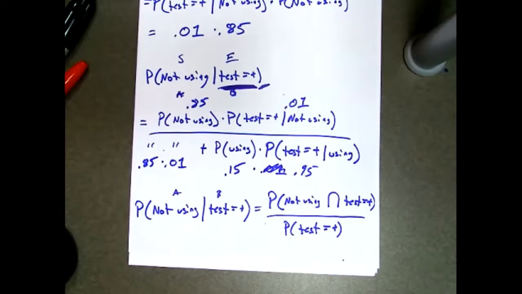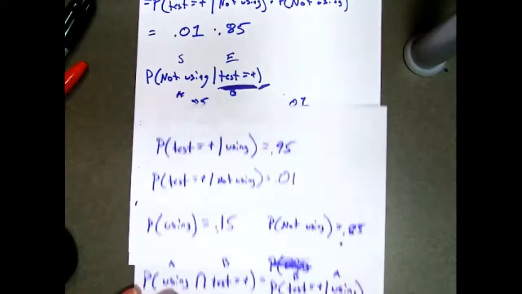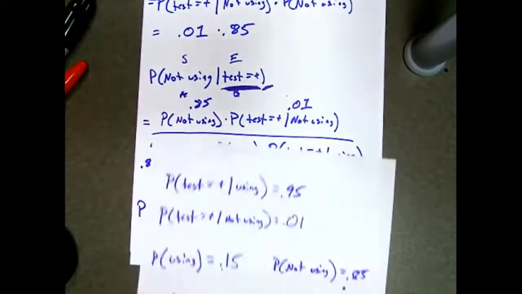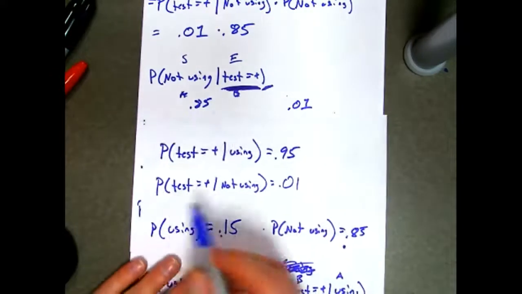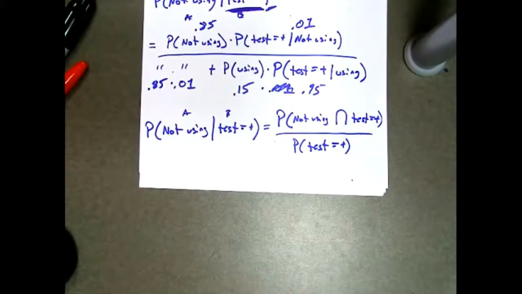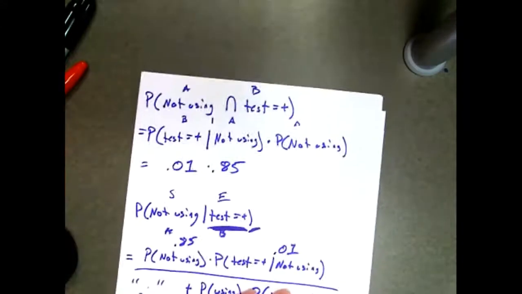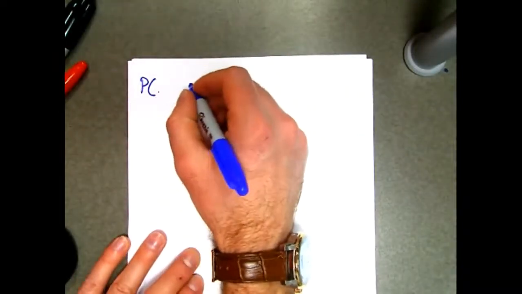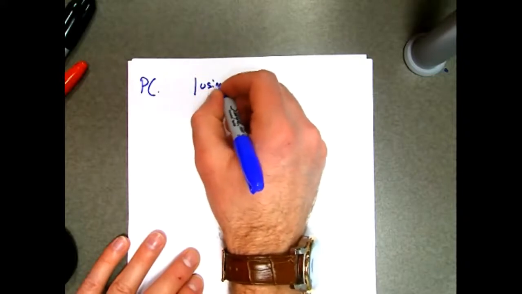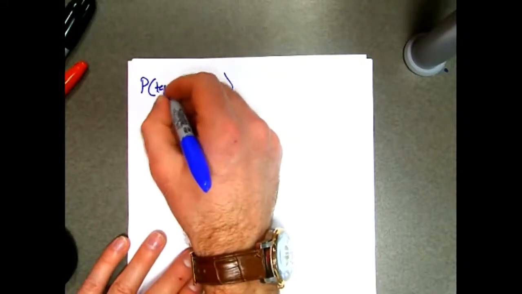One other wrinkle I could throw at you there is, let's say this was the setup, right? Same type of problem, but instead, let me just get another piece of paper. Maybe instead what I had given you was, given that they're using, the probability the test comes back negative.